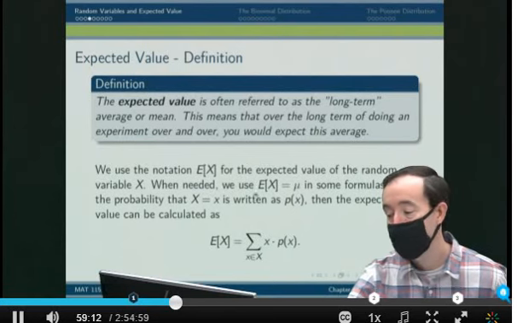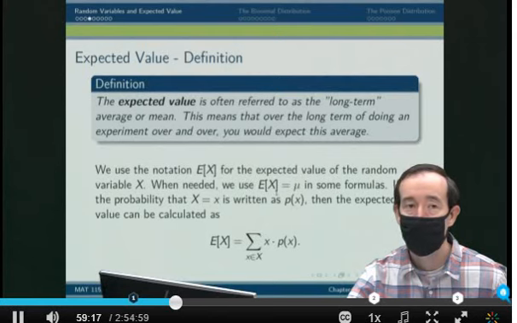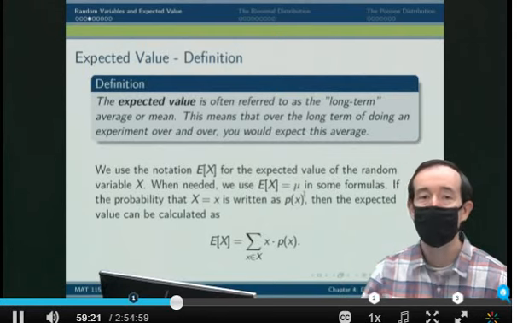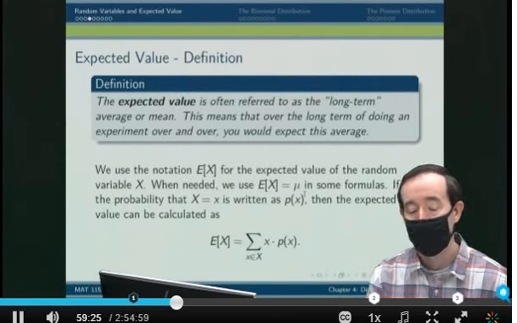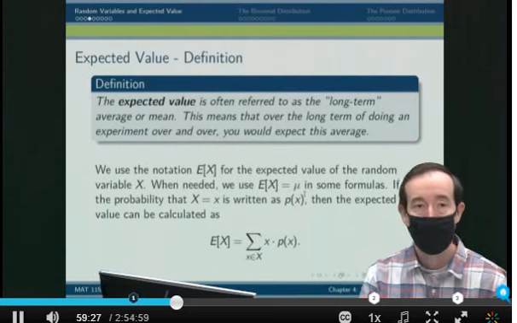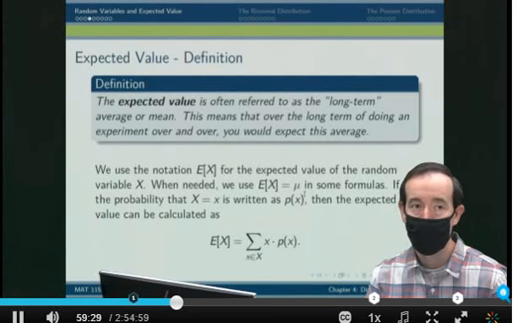And so in that case, we'll use the substitution here. We'll use this letter mu to stand for E of x, and that's the Greek letter that's equivalent to the letter m, mu for mean. We'll be using that same idea later on when we talk about the mean of a population. We use mu in that situation as well.